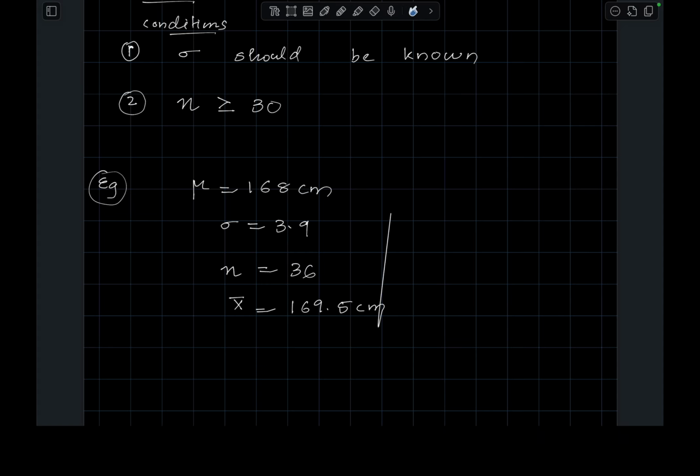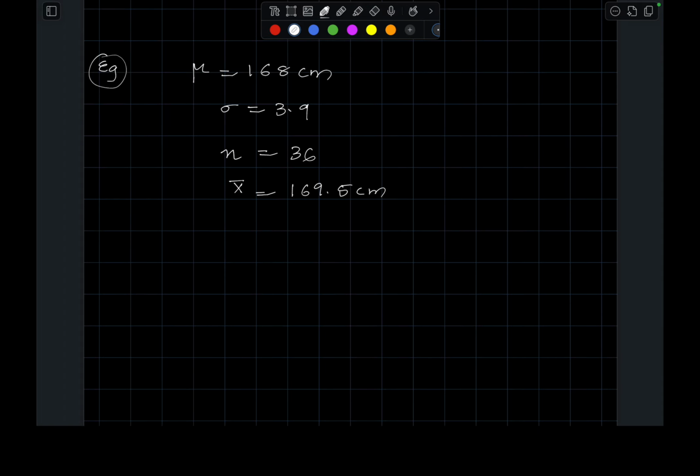And the question we are asked is: at a confidence interval of 95%, is there enough evidence to reject the null hypothesis? So according to the question, what will be the null hypothesis? The null hypothesis will be that the mean height is 168 centimeters.